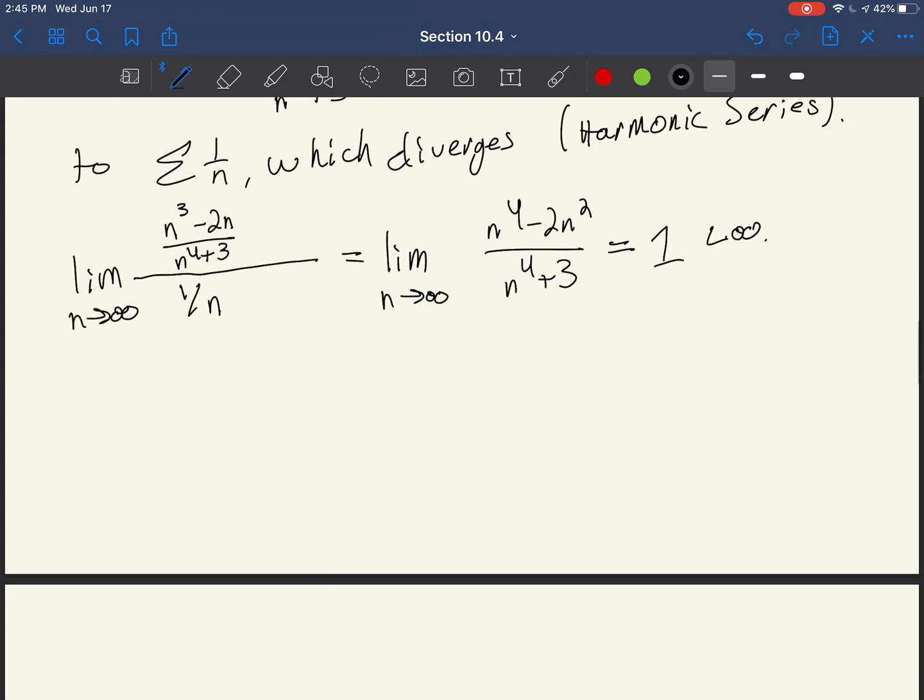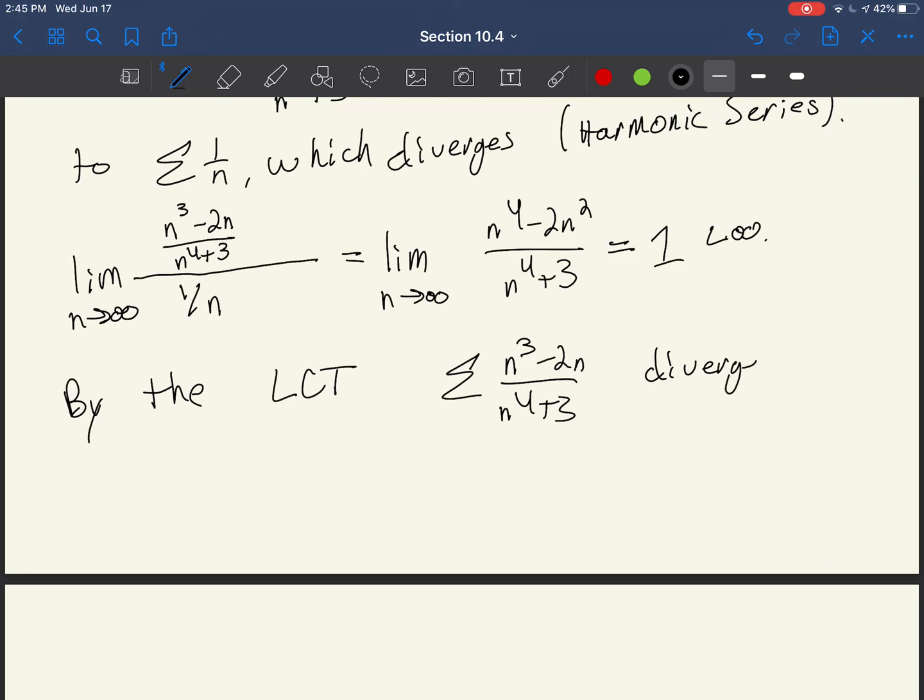So this limit is just 1, which is finite. So by the limit comparison test, the summation of n cubed minus 2n over n to the 4th plus 3 also diverges.